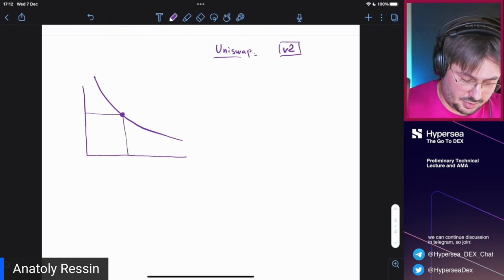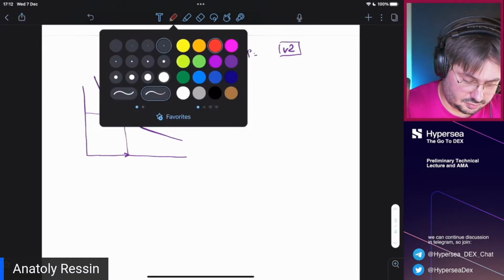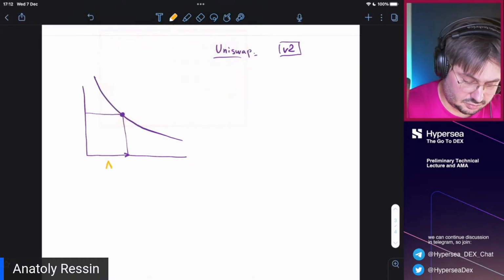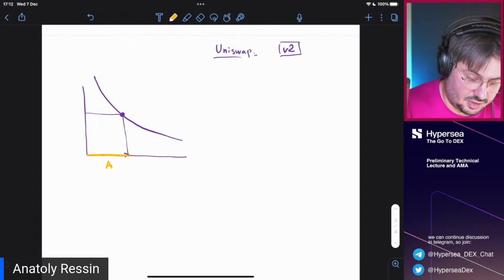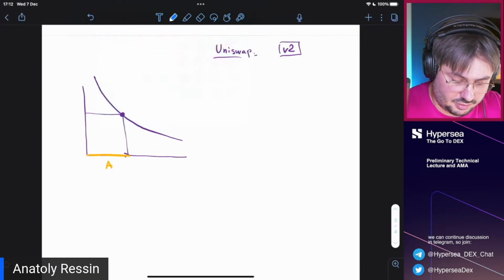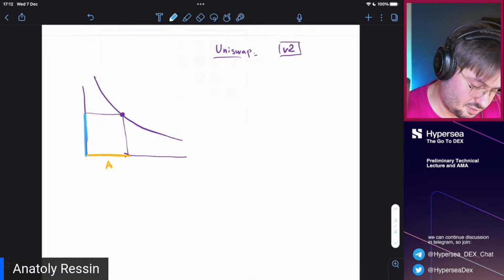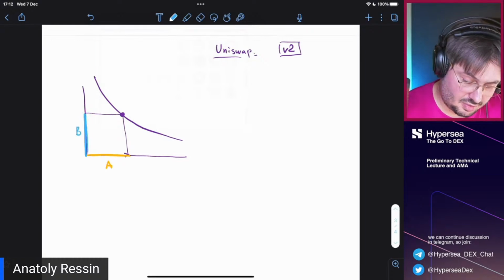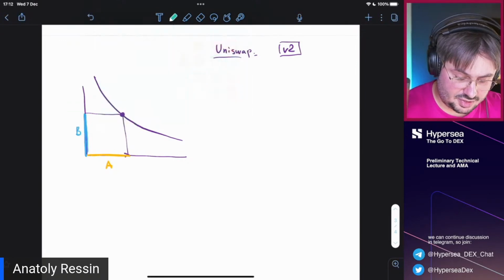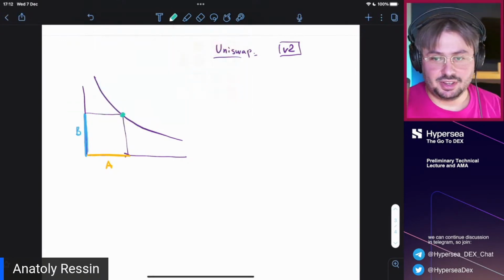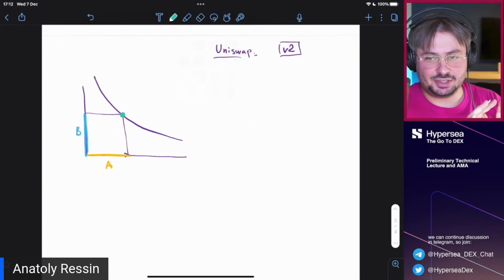So for example, if you have amount A of one cryptocurrency and amount B of another cryptocurrency, then you can say that the exchange has this amount of liquidity.